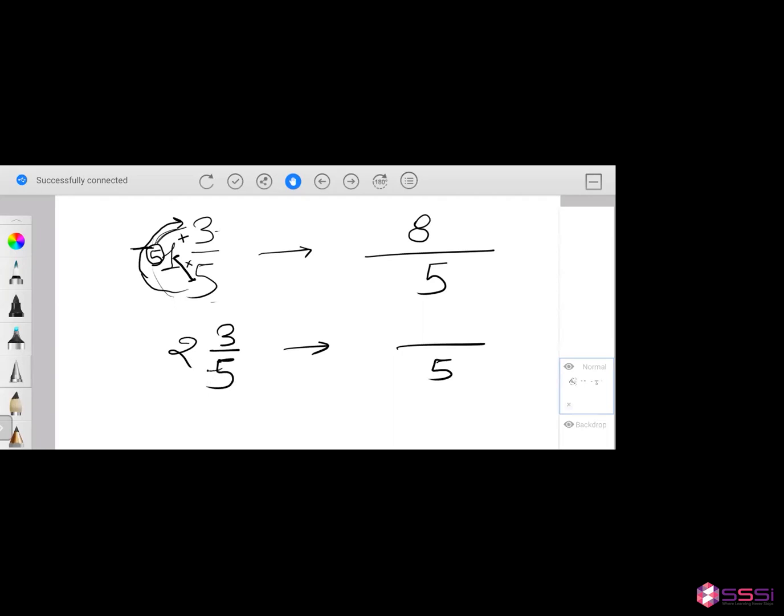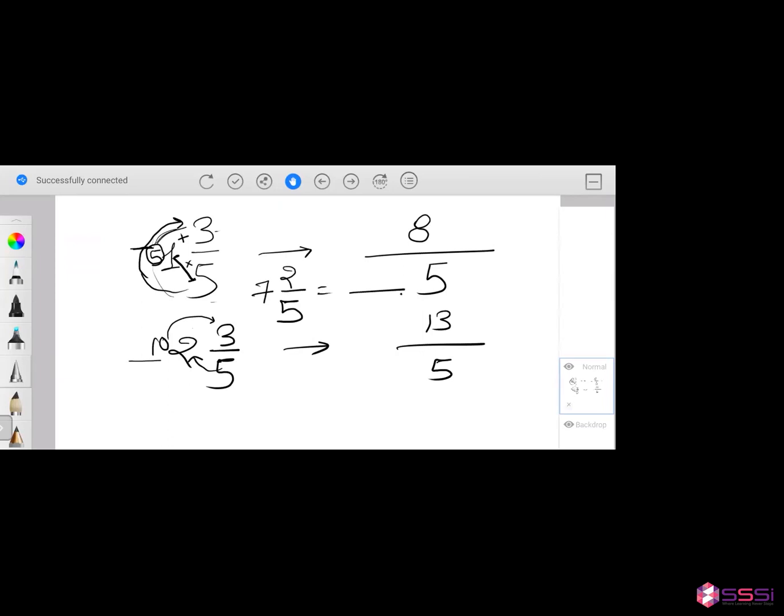So 5 twos are 10. So we add 10 plus 3, which is 13 by 5.